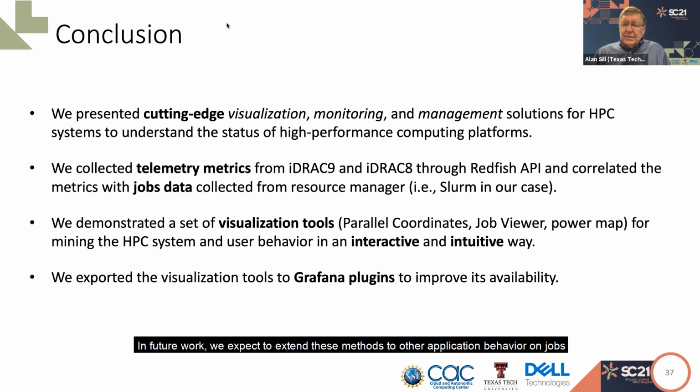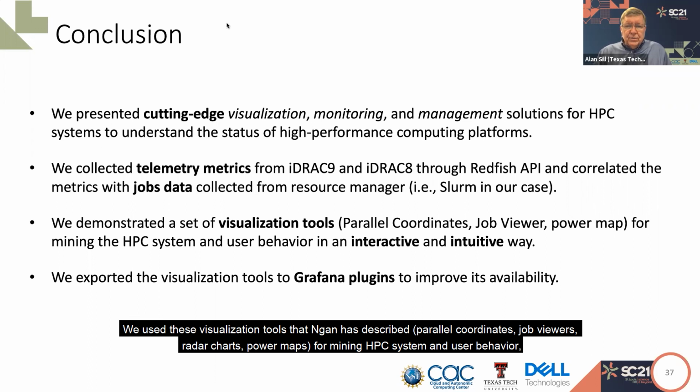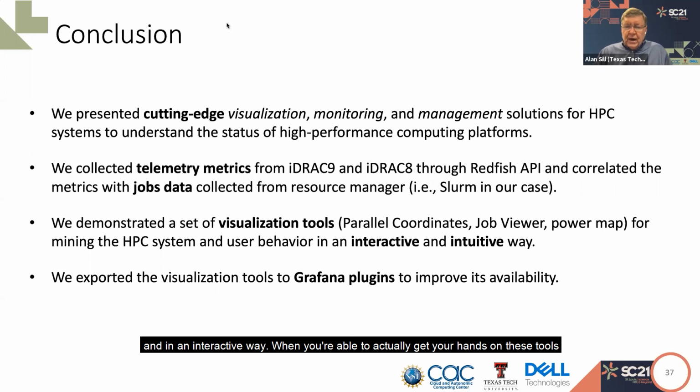In the future, we expect to extend these methods to other application behavior on jobs. We used the visualization tools that Anand has described: parallel coordinates, job viewers, radar charts, and power maps, for mining HPC system and user behavior in an interactive way.